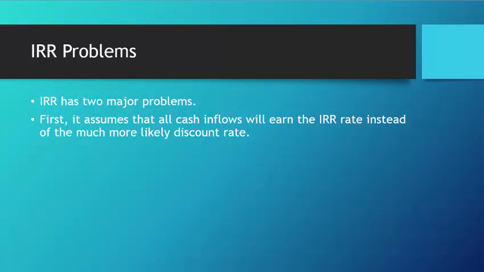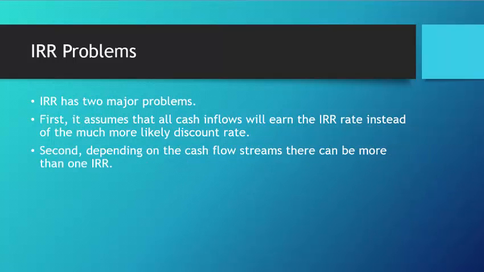The other problem, in my opinion, is far worse in that there isn't one right answer necessarily. As it turns out, we're going to find out later that in these instances there is only one right answer, and because of that we can probably draw some stronger conclusions from this, but we still have the same problem with that first one, in that we're assuming that we reinvest at the IRR rate, and the other problem, well, we'll get to in a second.